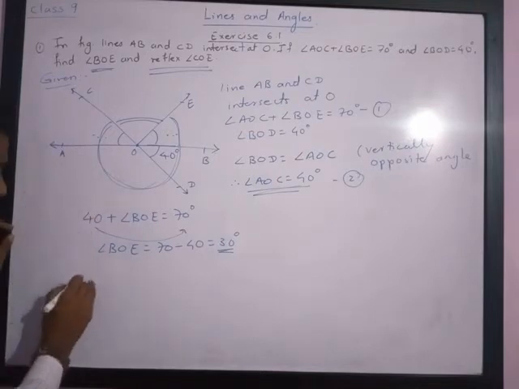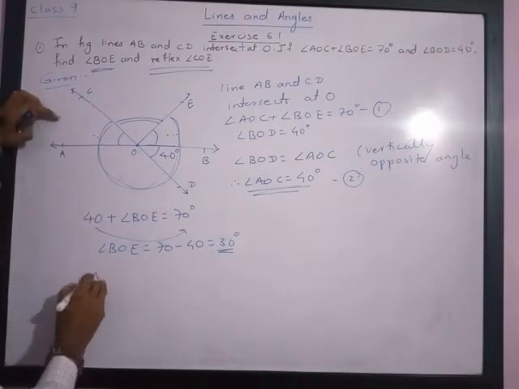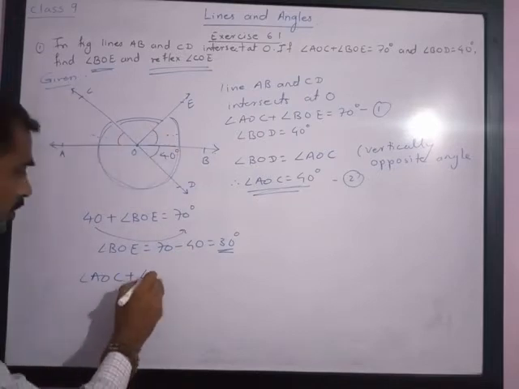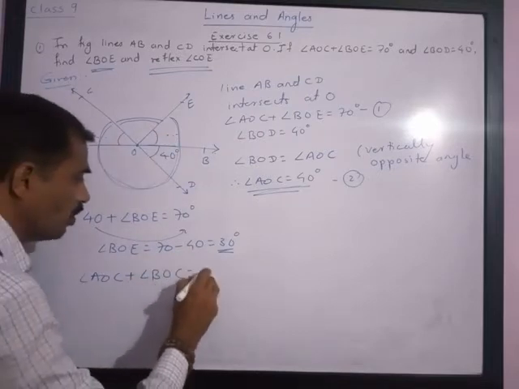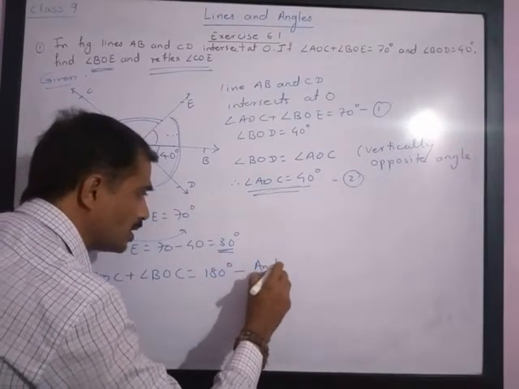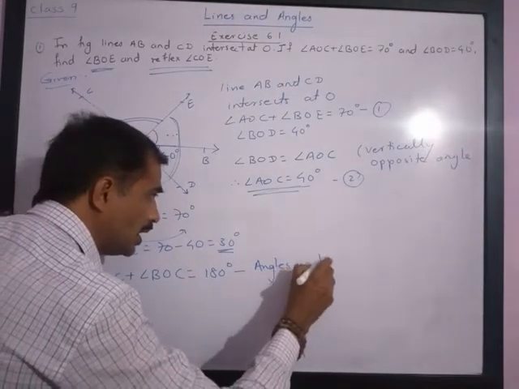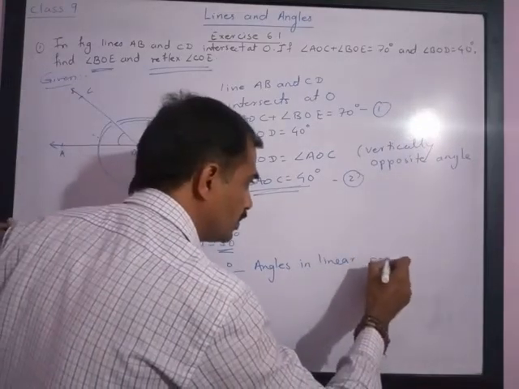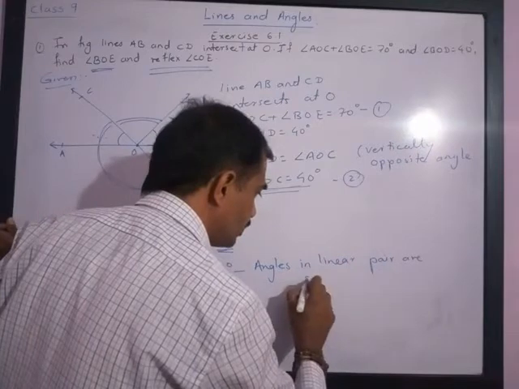Now next is angle AOC plus angle BOC is equal to 180 degrees. The reason is angles in linear pair are supplementary.